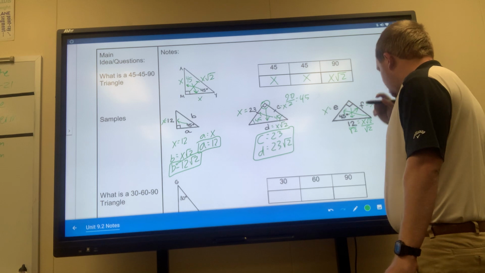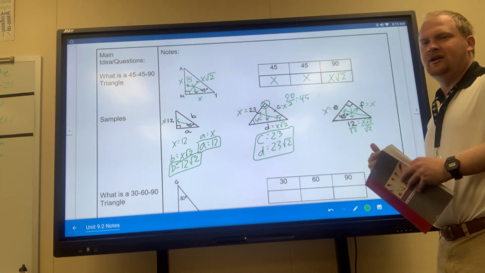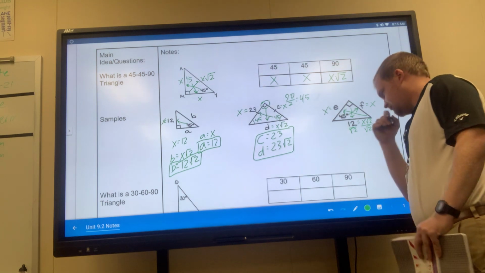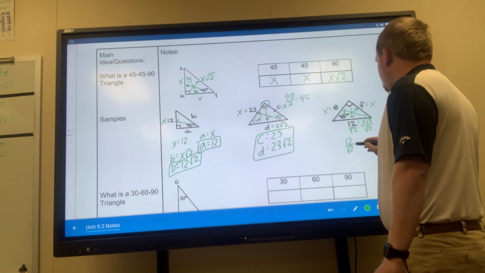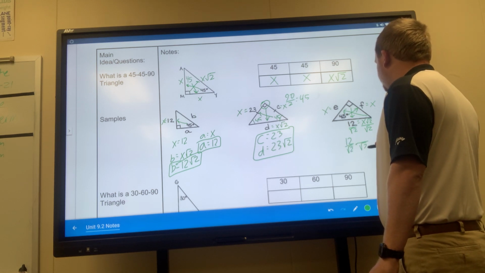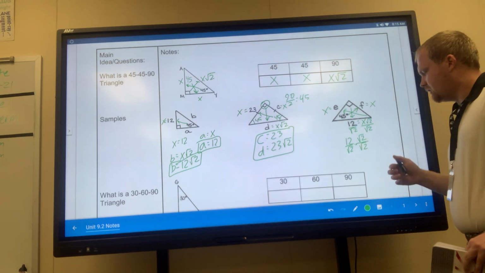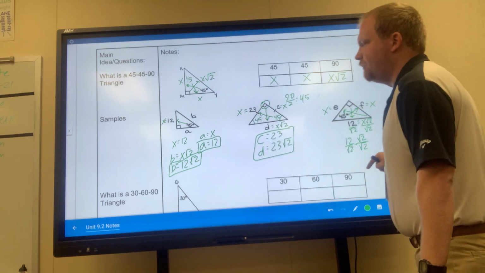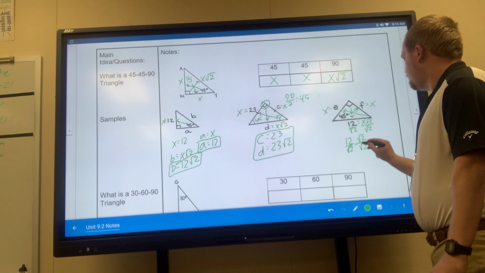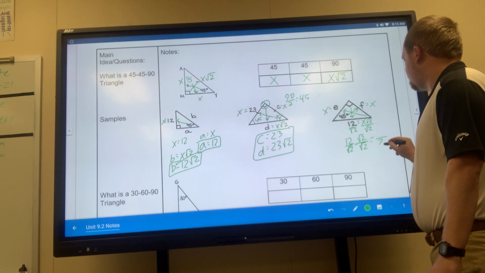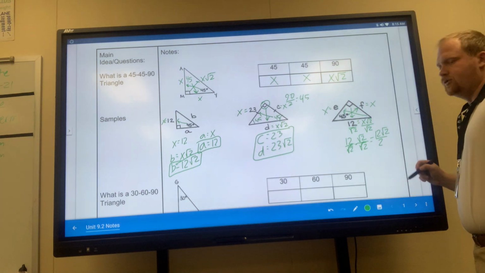Now you could give me a decimal value, but I really want y'all to at least practice a little bit with the square root part by dividing by the square root. So remember, to get rid of the square root, I have to multiply the top and the bottom by the square root of 2. The square root on the bottom cancels out. I'm left with 12 square root of 2 over 2.